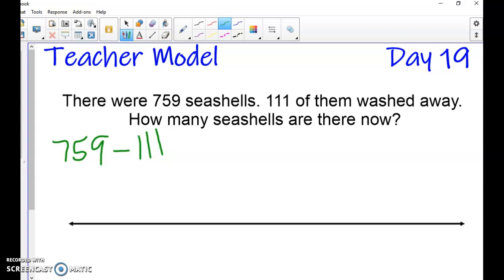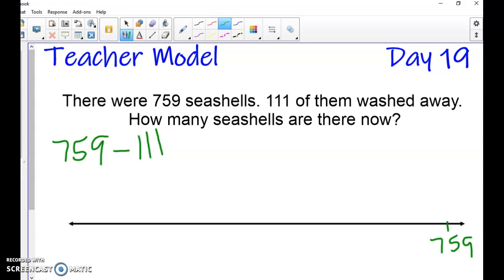When I start subtracting, I'm going to subtract from the bigger number. So I'm going to put 759 at the end of my number line. And we are going to count backwards to subtract. And I'm going to start with my hundreds first. It's a lot easier to start with your hundreds and then count backwards from your tens and your ones.